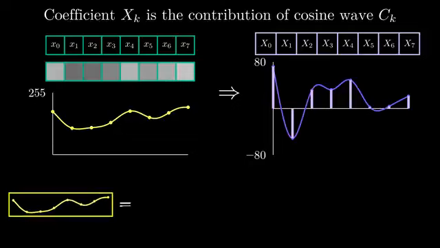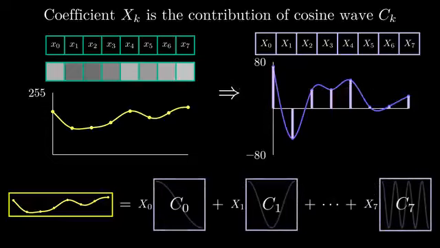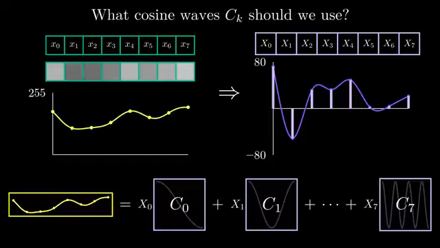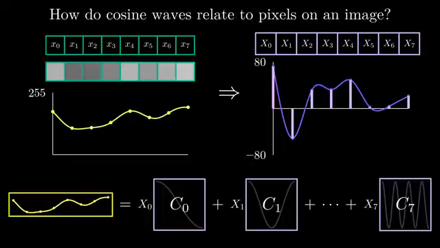A nice analogy is to think of this as unraveling a complex signal into a weighted sum of simpler cosine waves. If you've never interacted with this type of idea before, it's natural to be confused. What cosine waves do we even use? How do cosine waves relate to pixels on an image? None of it makes any sense. Don't worry, these are important questions that we will answer.